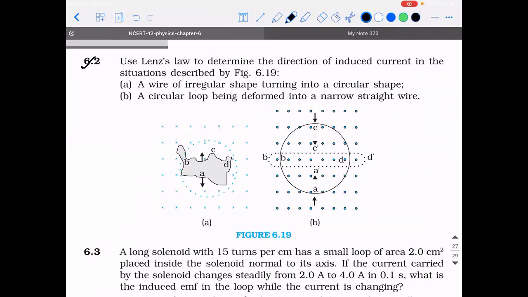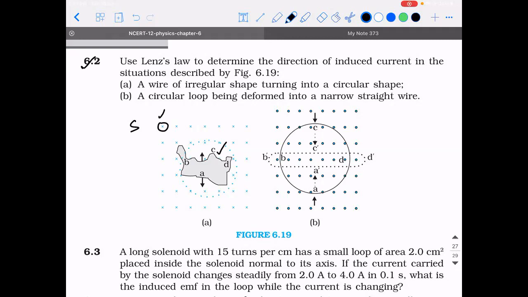So there is a wire of irregular shape that is turning into a circular shape. So this is into the plane. So your paper is the south pole, right? Your paper is facing you, obviously you're the north pole. So what is happening to the flux here? Magnetic field is uniform, orientation is uniform.